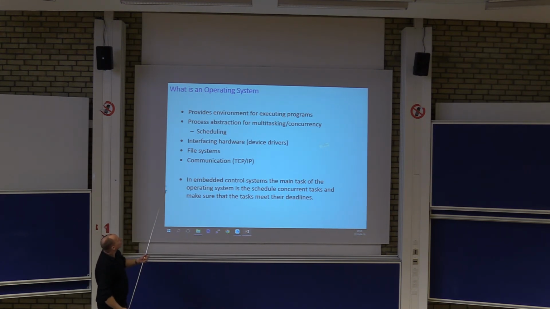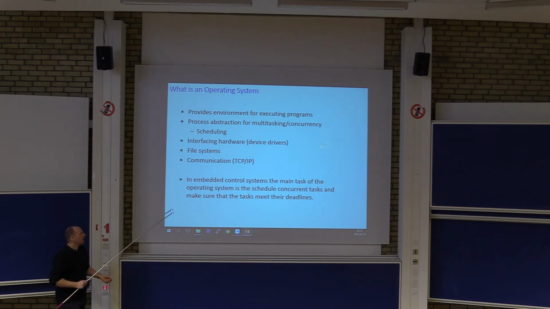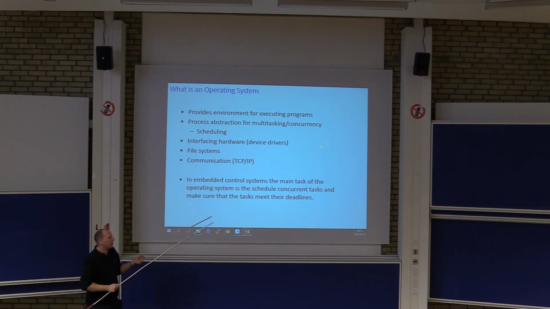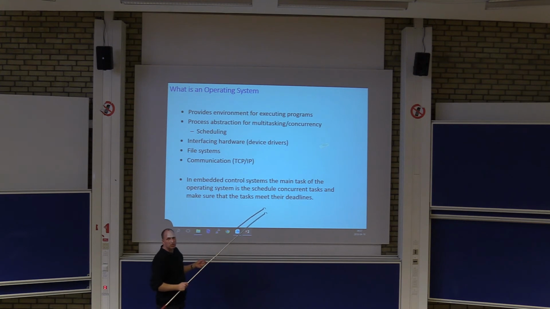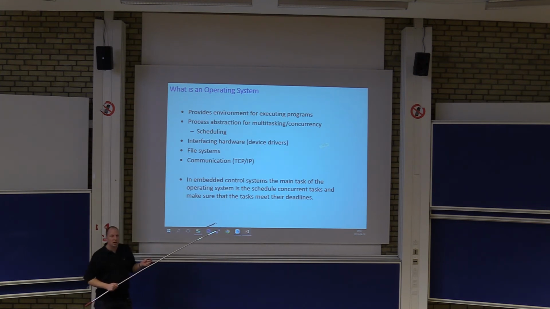So for a general operating system, you need to deal with the file system, etc. But for an embedded control system, the main task is to schedule the different concurrently executing control tasks in such a way that they will meet the deadlines that you have set up.